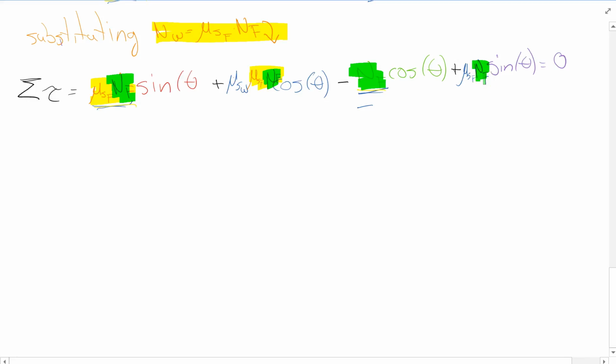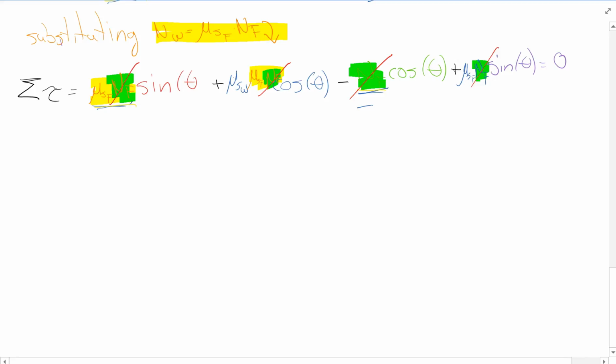So what I can do is factor that term out. And then, because it has to equal 0, and I know that force can't be 0, I can divide by it and cancel it out. So what that means for us is I can cancel this, cancel this, cancel this, and cancel this.